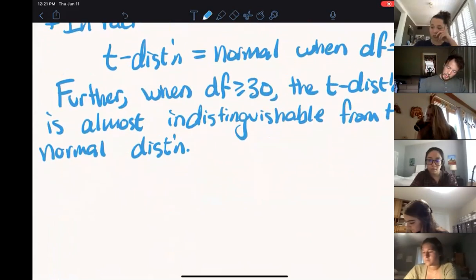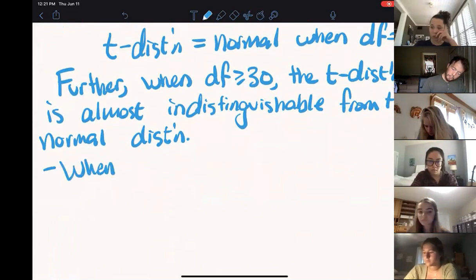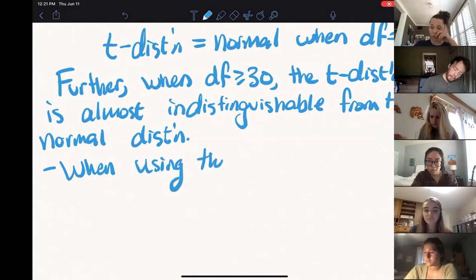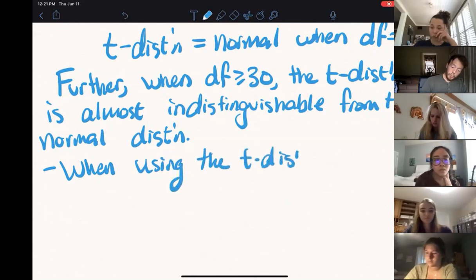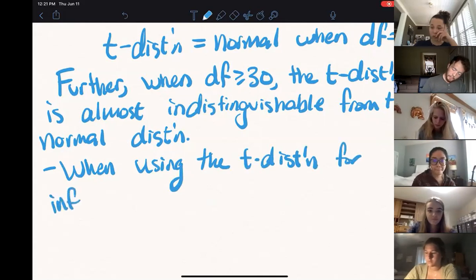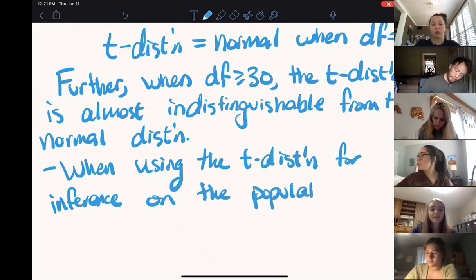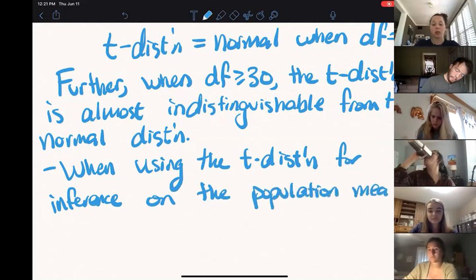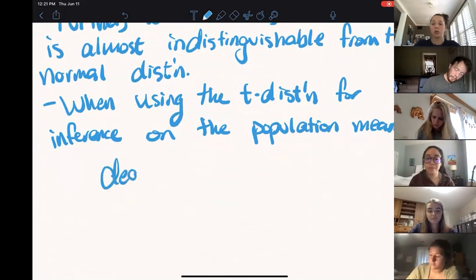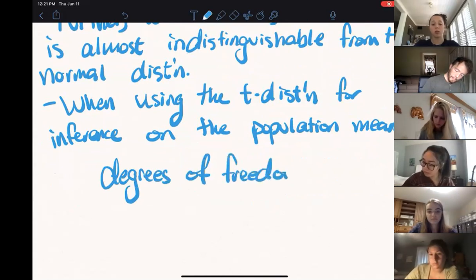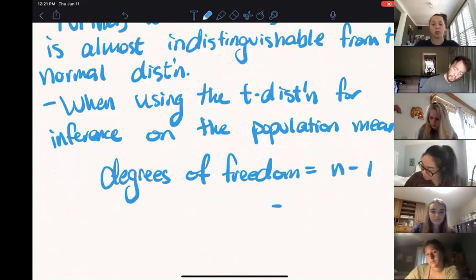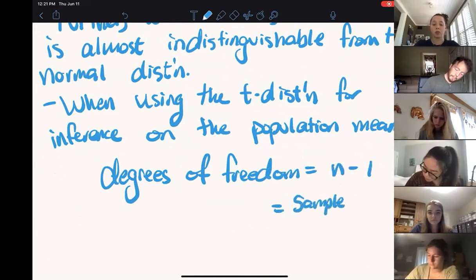I'm going to mention before I do an example that in every case in which we are going to use the t distribution, so when using the t distribution for inference on the mean, we set the degrees of freedom equal to n minus 1, or sample size minus 1.